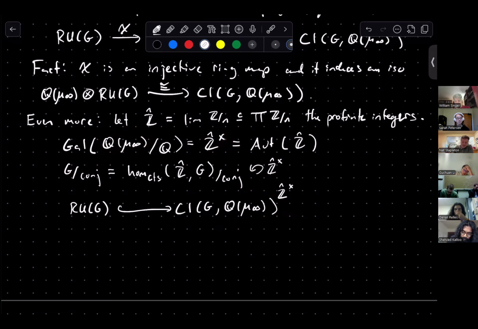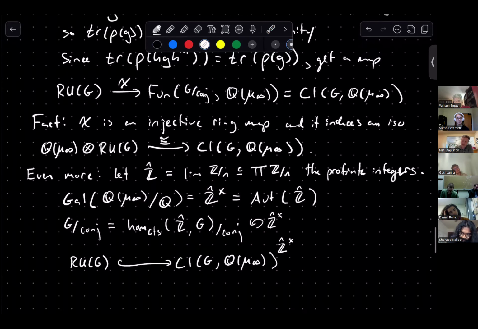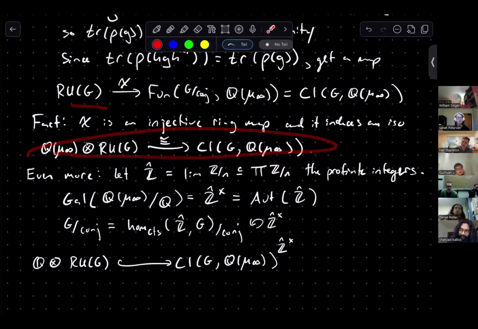And it is equivariant for the Z hat times action, where on the left-hand side, I just act on Q adjoin mu infinity. And so since it's equivariant, I can hit the left-hand side here with fixed points as well. But since it's the Galois group, I just get Q. And this map up here was an isomorphism.